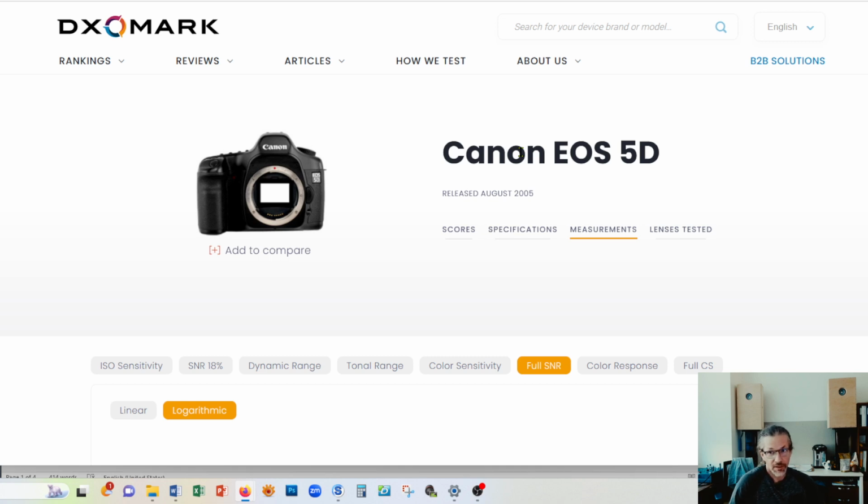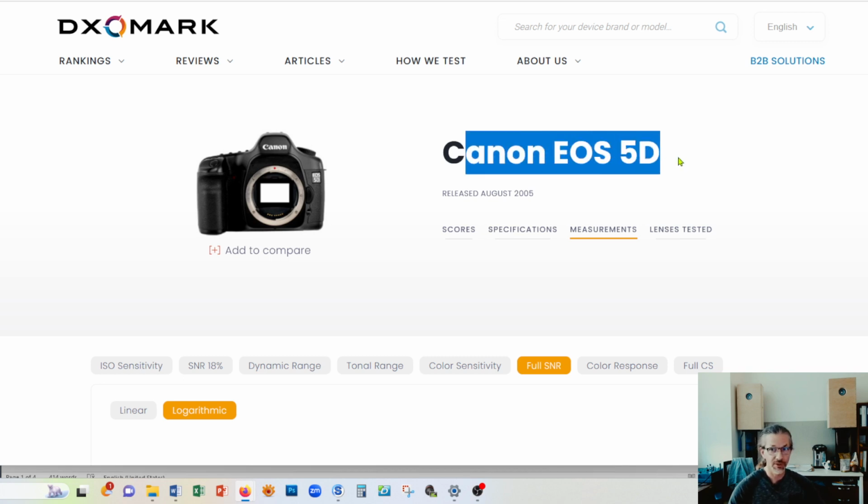Even though the Leicas use a Sony sensor, the way they program it, the way they compute the data from it, is much closer to what Canon does on their 5D Classic sensor.